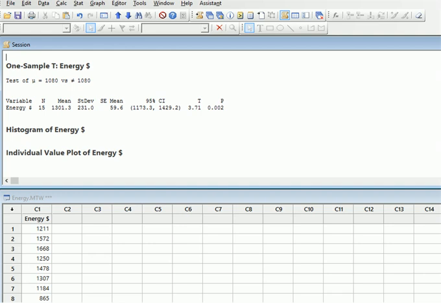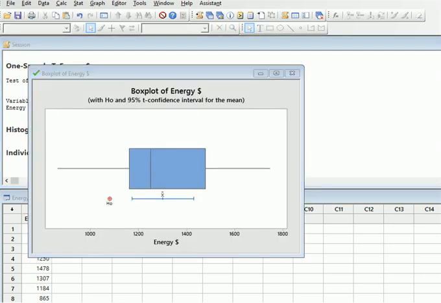The third plot which we have made is the box plot. Basically the box plot gives you the same idea but in a little more detail. It will also tell you about the median, which is approximately 1250. This value is somewhat less than the mean of 1301 that we have seen, but it is still greater than the reference value specified in h0, which is 1080.